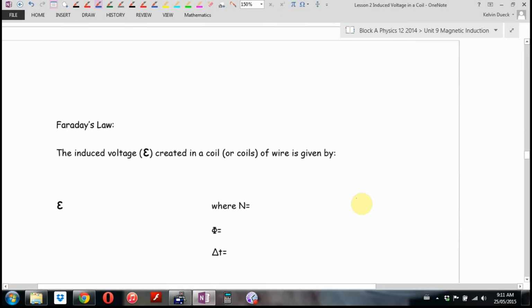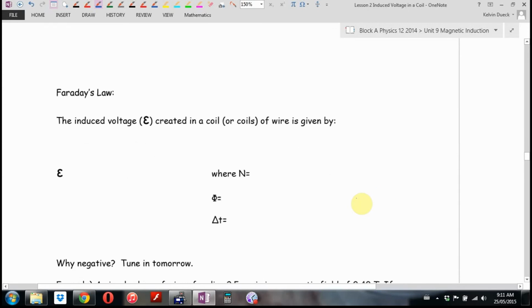Here it is. Faraday's law. The induced EMF, the induced voltage, created in a coil or coils of wire is given by, put an equal sign there, leave a small space, N, change in flux over change in time.